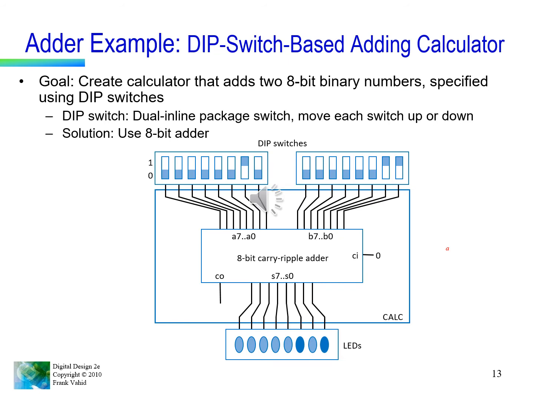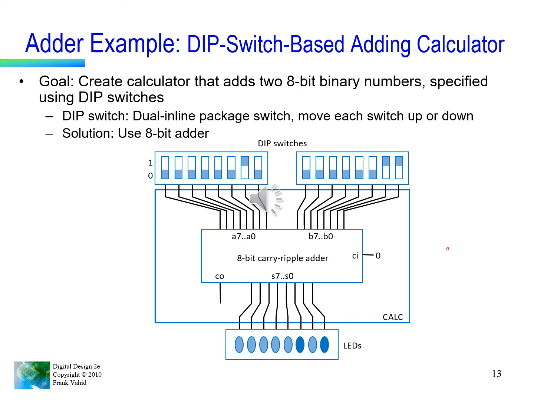We want to make a calculator that adds two 8-bit binary numbers with the help of DIP switches. We have two inputs in the form of DIP switches. Each input, A and B, is an 8-bit number. These come in a dual inline package of switches, which can be switched up and switched down. Since we want to add two numbers, we need an 8-bit ripple carry adder, and for output we need displays.